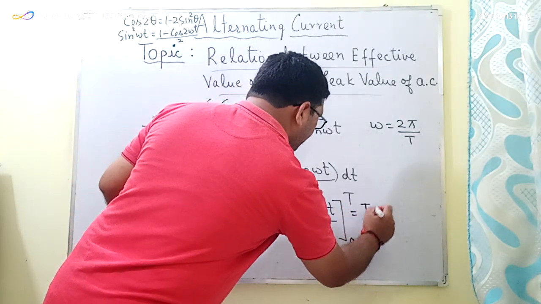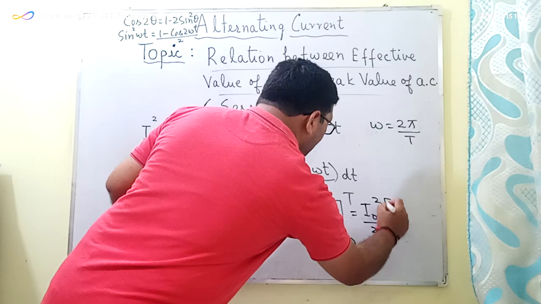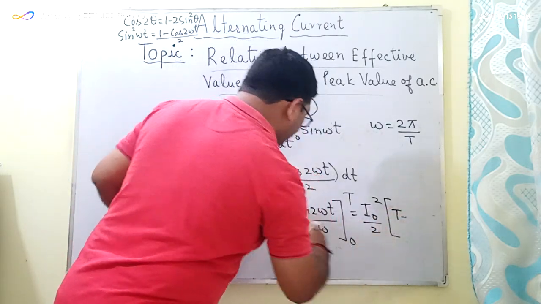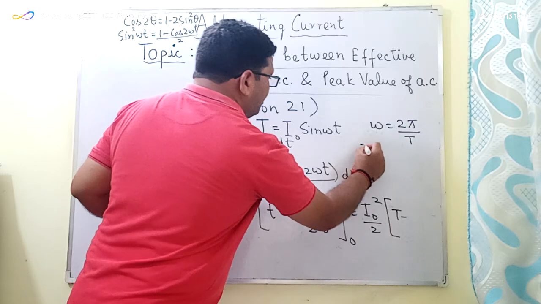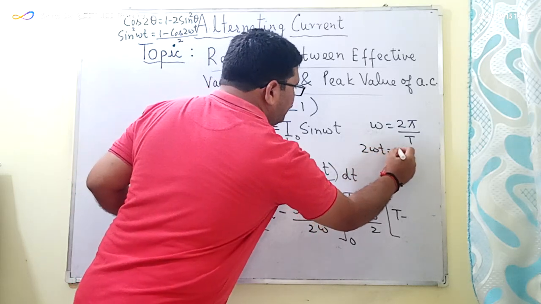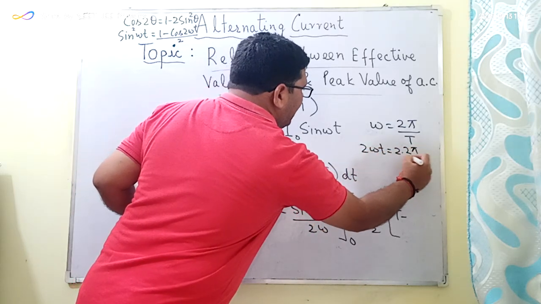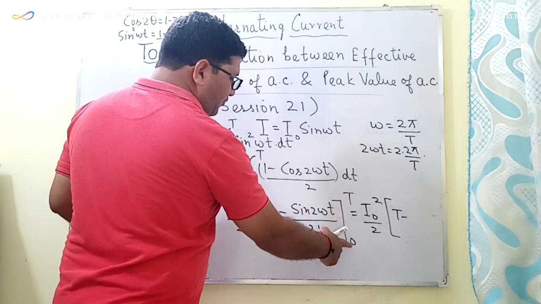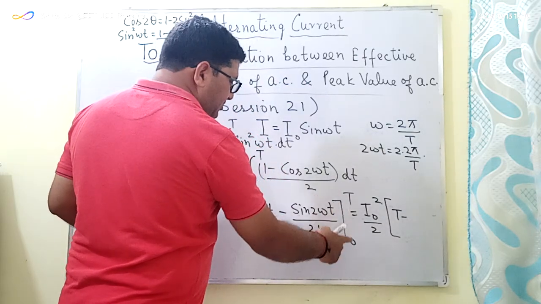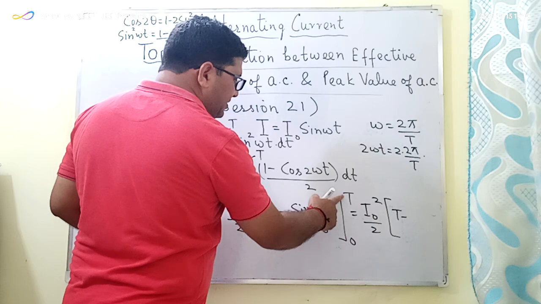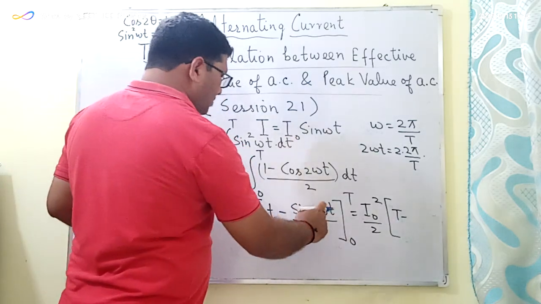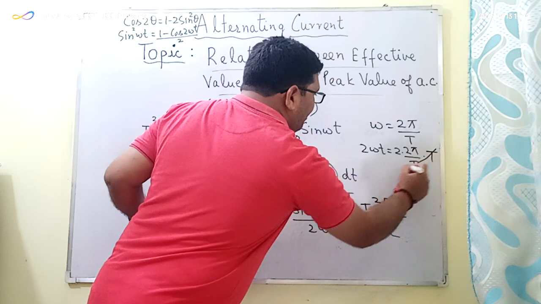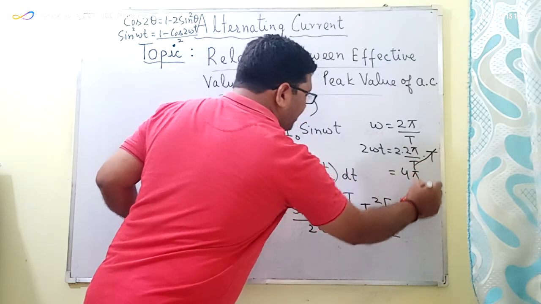I naught square upon 2 into t minus, now the value of 2 omega t will be equal to 2 into 2 pi upon capital T. And since the upper limit is capital T, if I substitute the value of small t as capital T, then I will get 2 omega t equal to 4 pi.